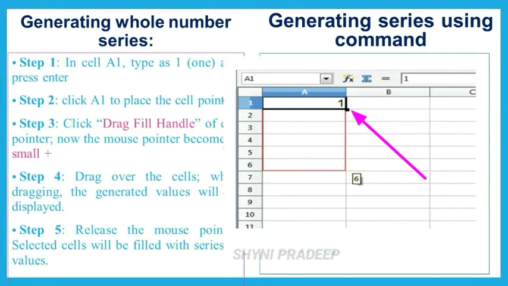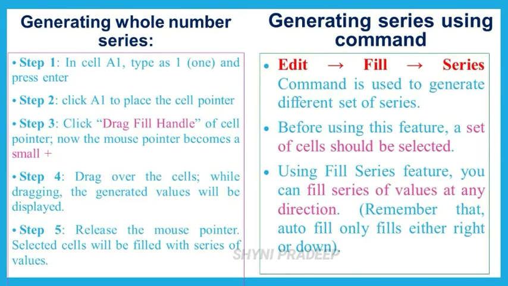Here you have to click. Next, drag over the cells. While dragging, the generated values will be displayed. After that, release the mouse pointer. The selected cells will be filled with the series of values, which means 1, 2, 3 and so on.